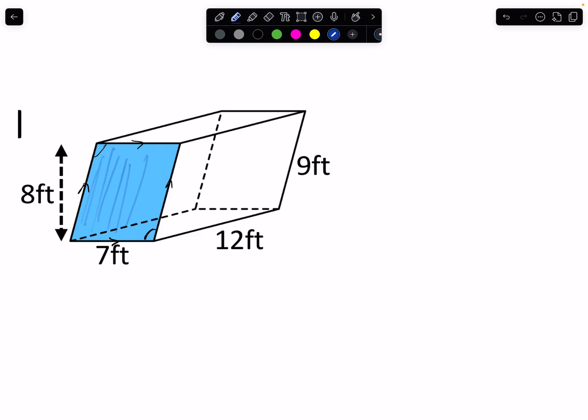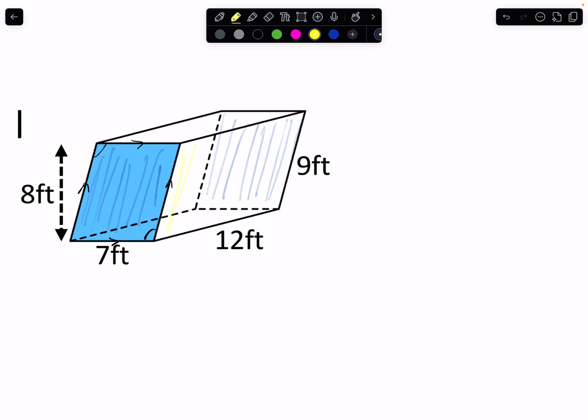We need to figure out, if we're going to calculate the total surface area, how many identical faces we have. We'll go blue again to highlight that we have this front and this back. So we know these two are identical. How many other identical pairs do you think we'd have? Two. So we have this one here.